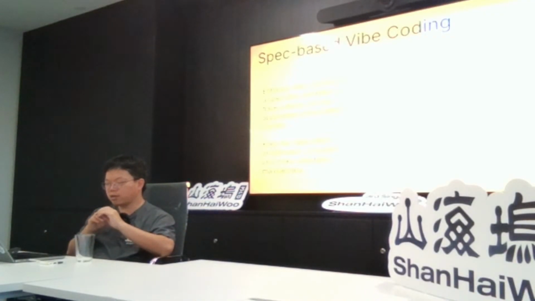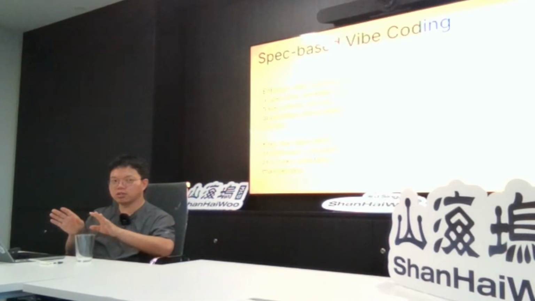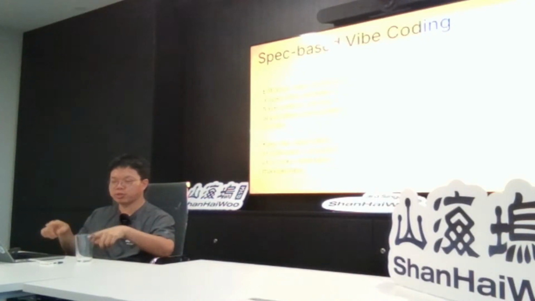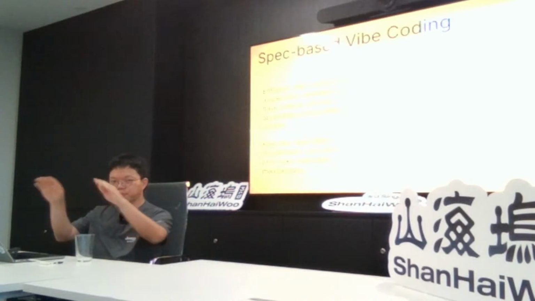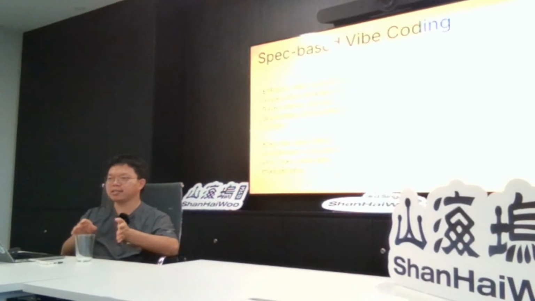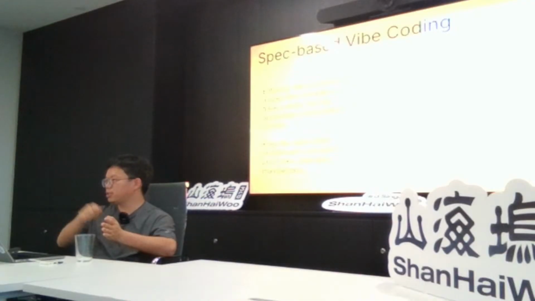So with the product specs or PRD documents, you are maintaining the authentic description of the application you are building, and then you are asking AI to follow this architecture and requirements to build the app.